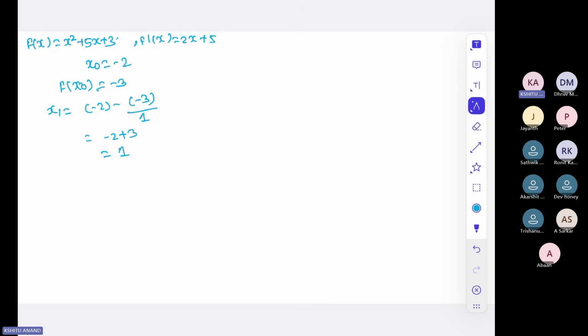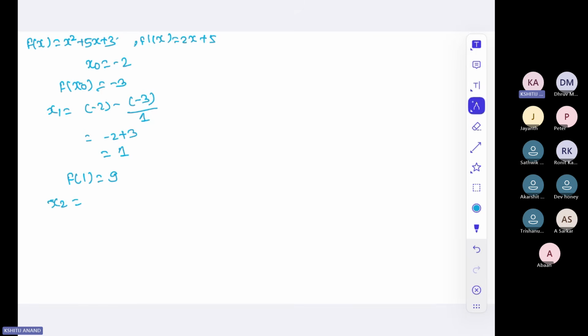Again, you will be evaluating what is f of 1. If you check f of 1, it will be 9. Am I right? Yeah, it is 9. And then you will be calculating x2. What will be x2?